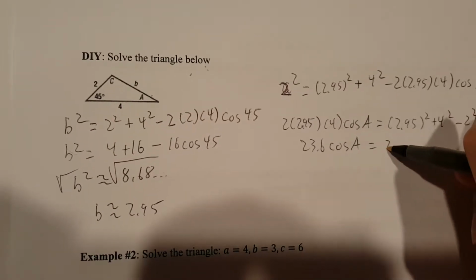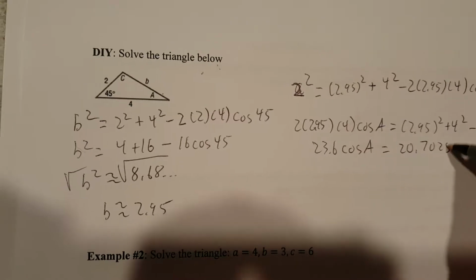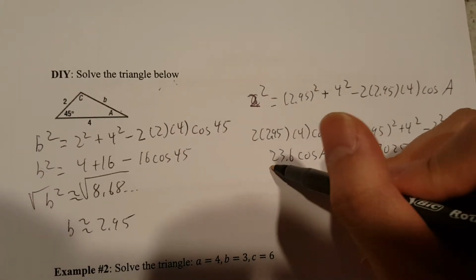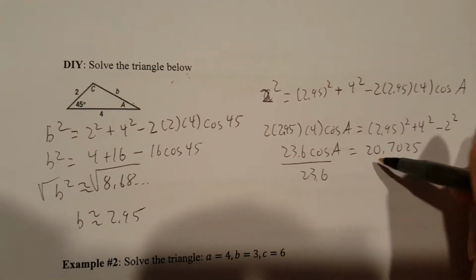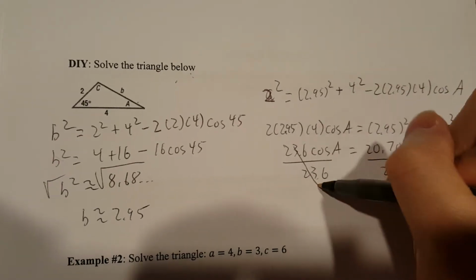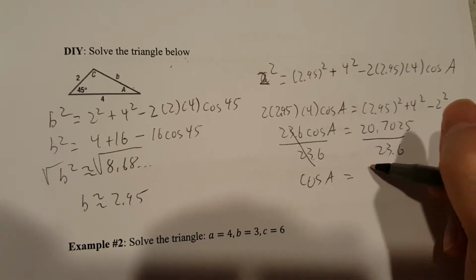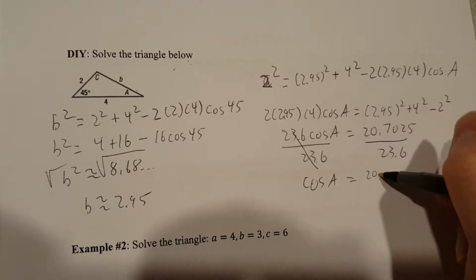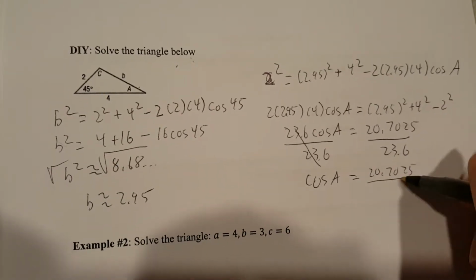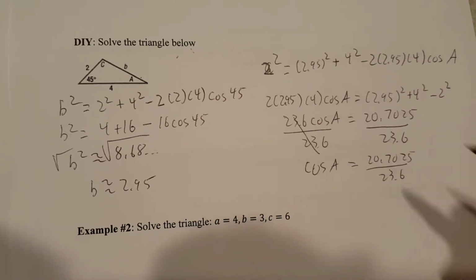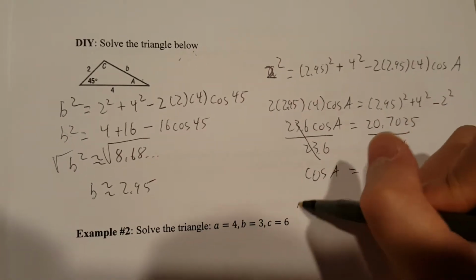And this is about 20.7025. Divide both sides by 23.6. And so cosine A is about 20.7025 divided by 23.6. I just inverse cosine both sides.